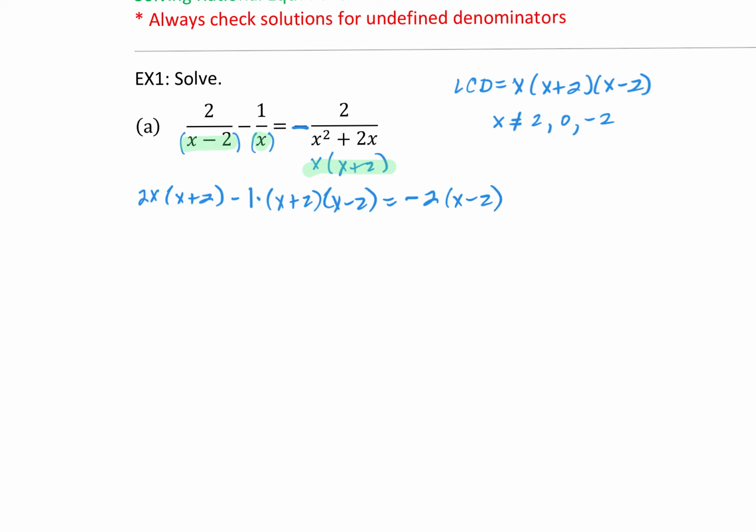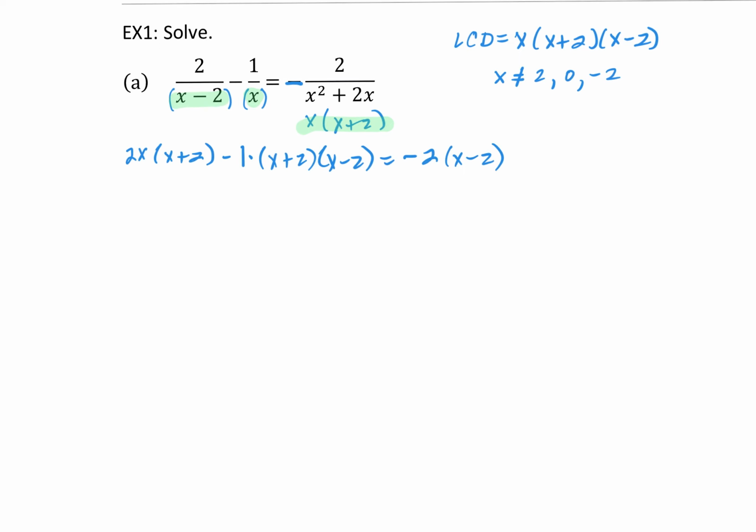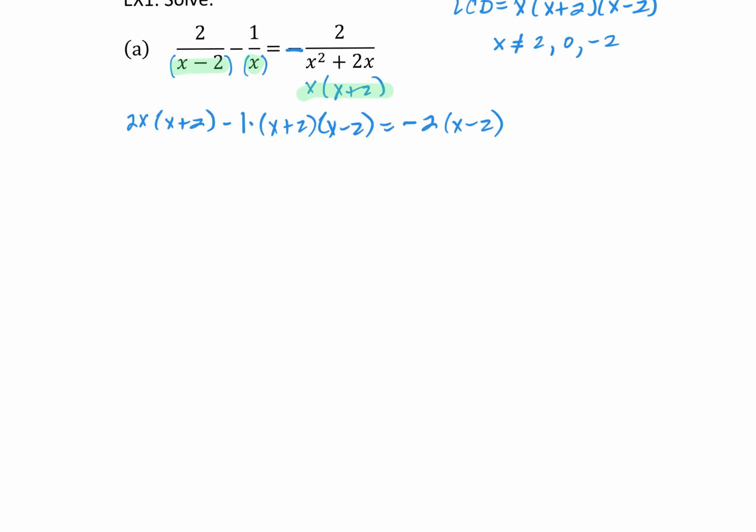Now that I've cleared my fractions, I'm going to go ahead and simplify. So I get 2x squared plus 4x minus 1 times the x plus 2, x minus 2 will turn into x squared minus 4, equal to negative 2x plus 4.